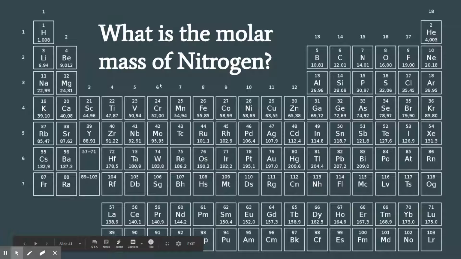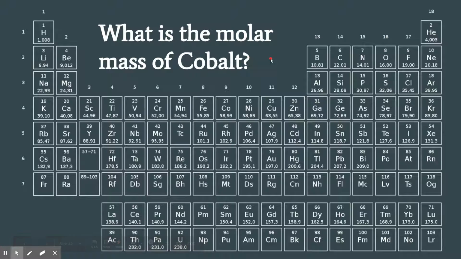So if I asked you what the molar mass of nitrogen is, all you have to do is go to nitrogen and see that it's 14.01. If I ask you for the molar mass of cobalt, you just need to go to cobalt and see that cobalt has a molar mass of 58.93 grams per mole.